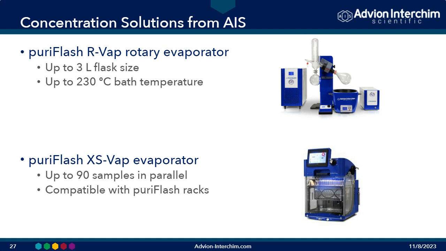It's able to evaporate up to 90 samples in parallel and is compatible with our PureFlash racks. That means you can take your rack directly from the purification instrument and place it into the XS-VAP and then concentrate your sample in an inert atmosphere.